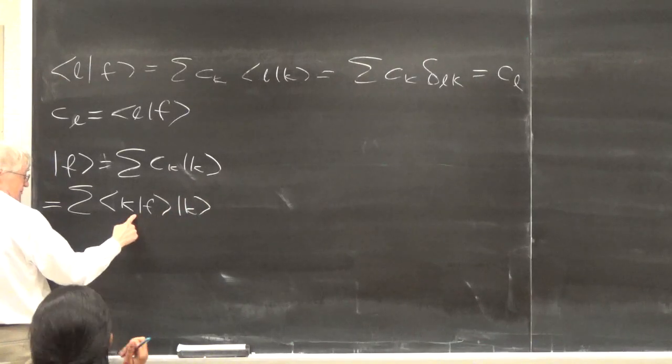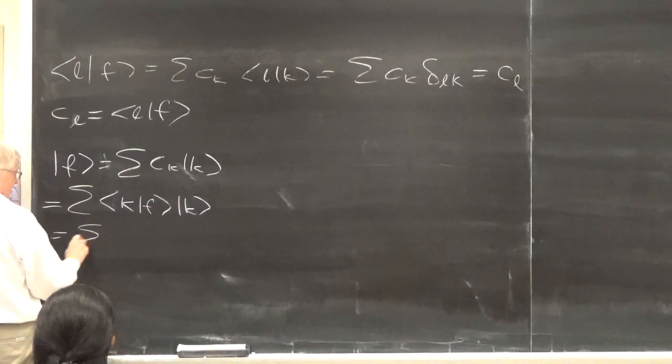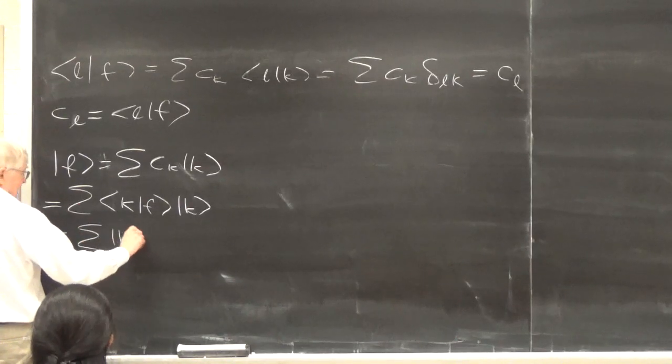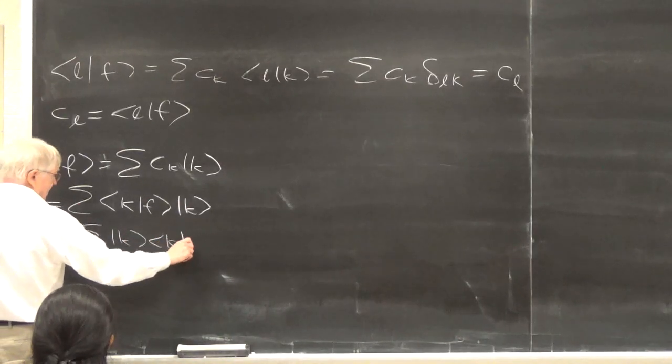And now this is a number, a complex number, so we can rewrite this as the sum of |K><K|F>.